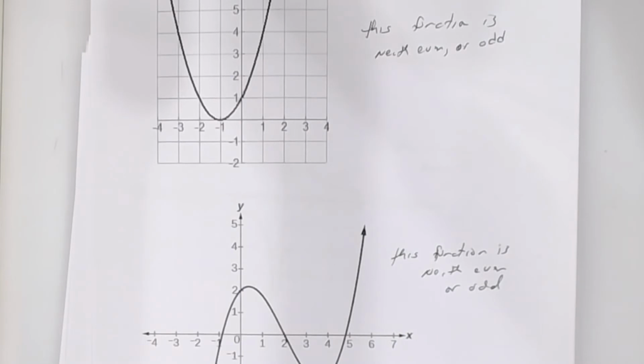Right? Because in order for it to be even, it has to have what kind of symmetry? Symmetric about the y-axis. In order for it to be odd, it has to have what kind of symmetry? The origin symmetry. Okay? All right, so that takes care of the idea of even or odd functions.